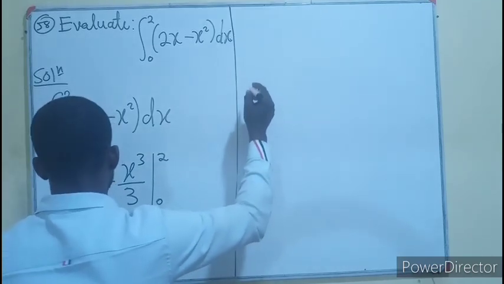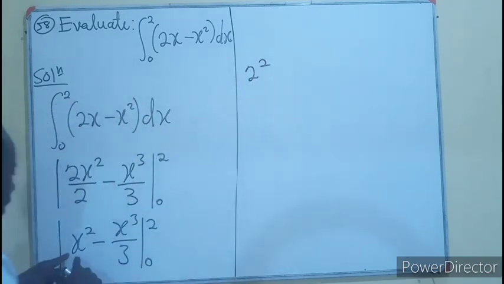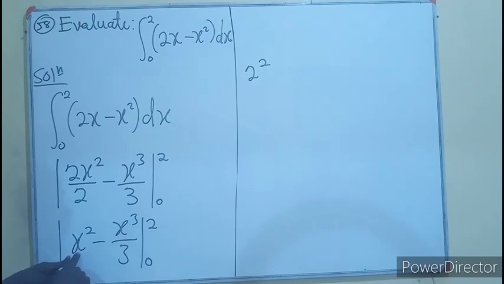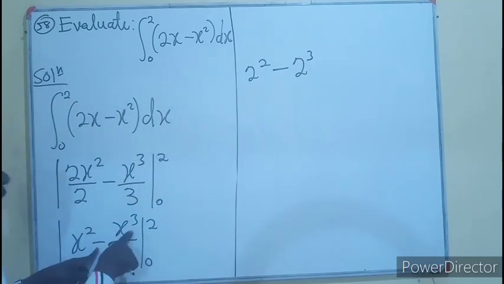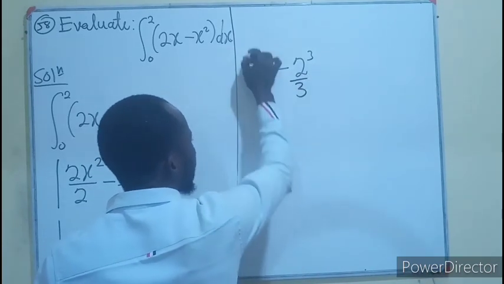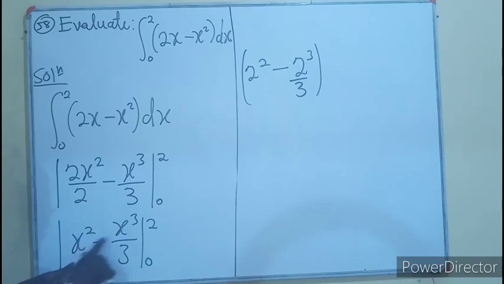Now we substitute the limit into the variable x. So here I'll have 2 squared, as this 2 is the one I'm placing in place of x, minus 2 to the power 3 divided by 3, minus the 0 being placed here, which by all means gives us 0.